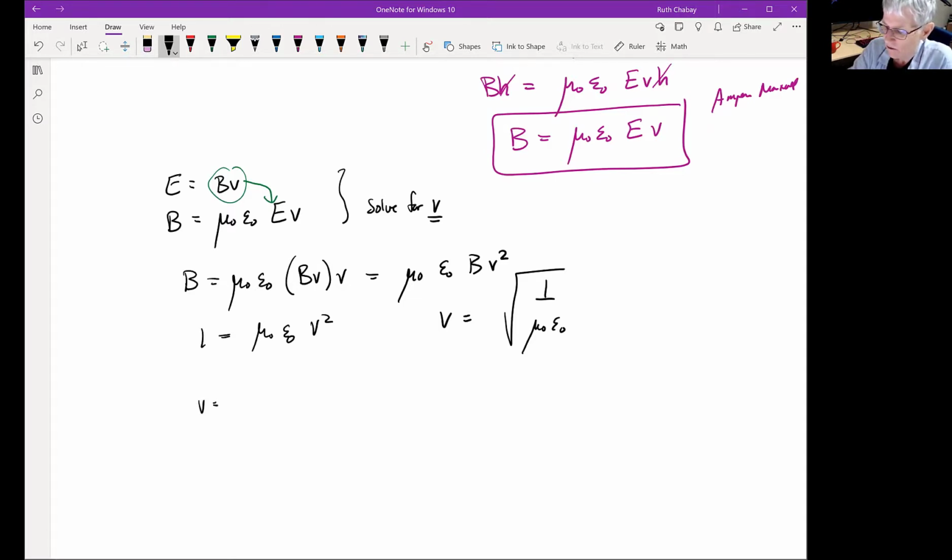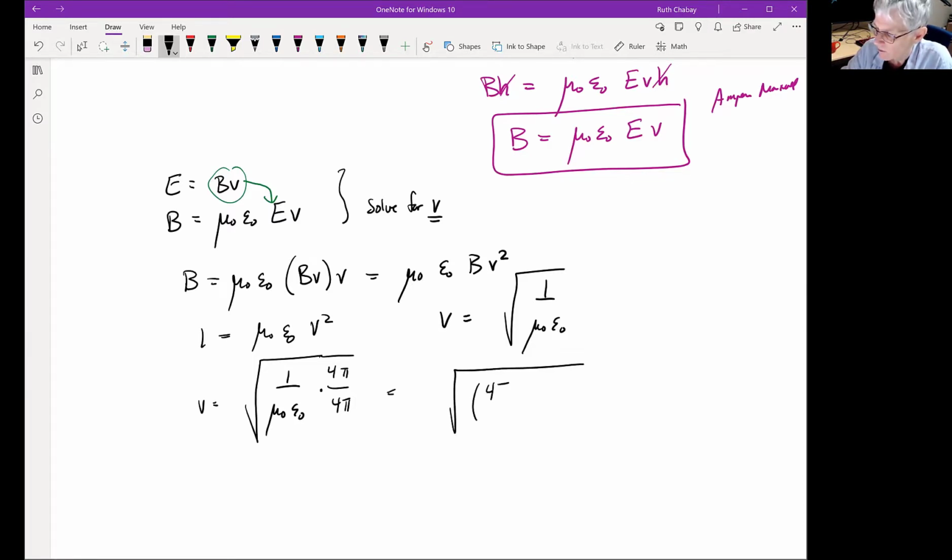So v is equal to the square root of 1 over mu 0 epsilon 0. If we just multiply this by 4 pi over 4 pi, we get the square root of 4 pi over mu 0 times 1 over 4 pi epsilon 0.